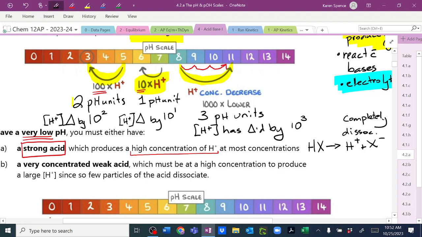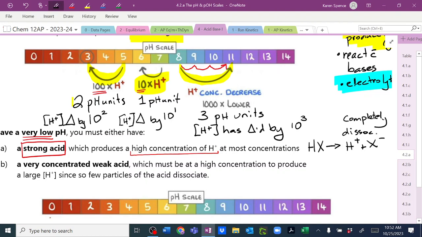Now you can get a low pH by having a weak acid, but it has to be really, really concentrated, because if it's not, only a very small fraction, maybe 1/1000th, or 1/10,000th, or 1/100,000th, actually splits apart.